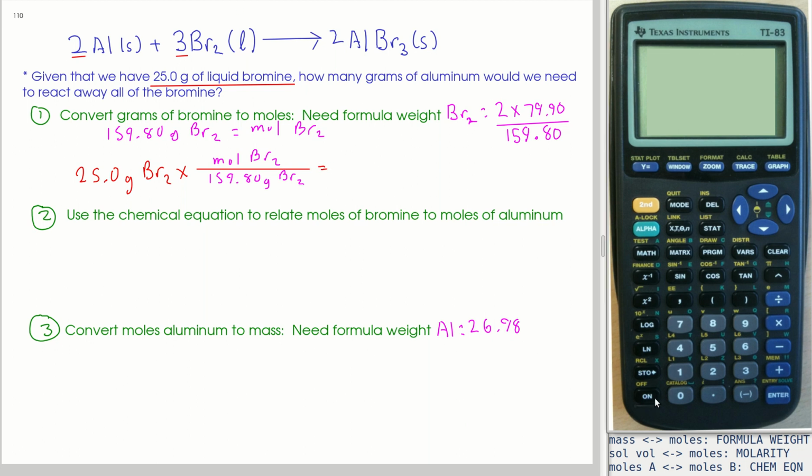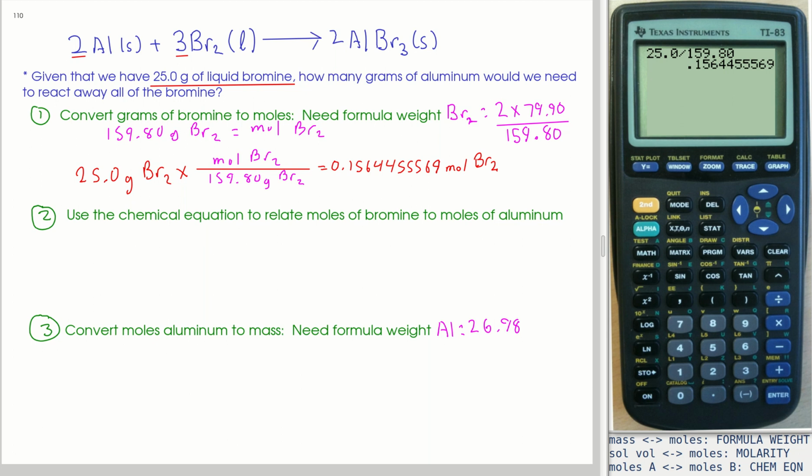And that gives us, pull out the calculator for a second, 25, since the 159.80 is on the bottom, so divide by 159.80, and I get 0.15644555569 moles of bromine.